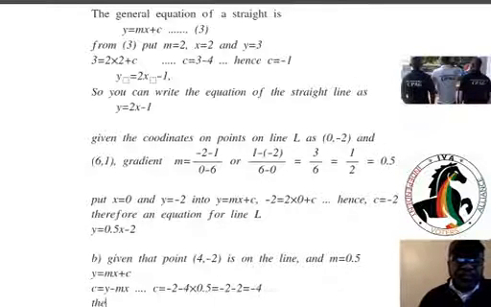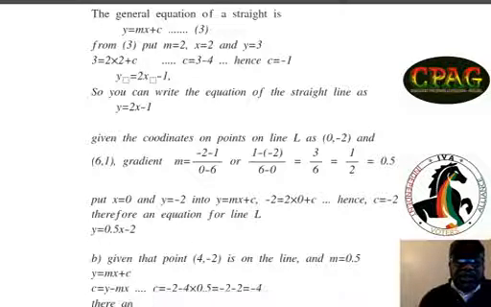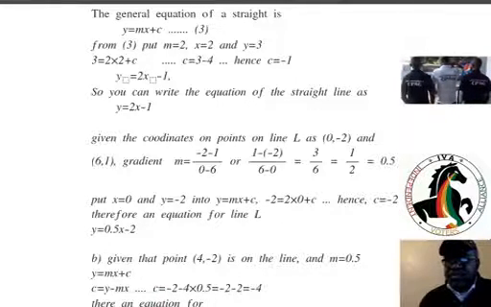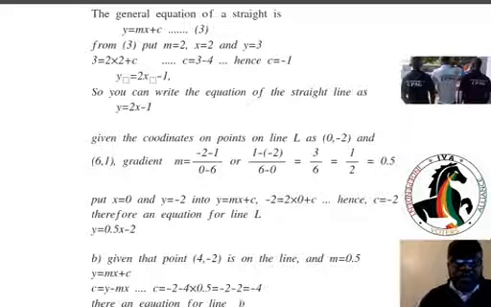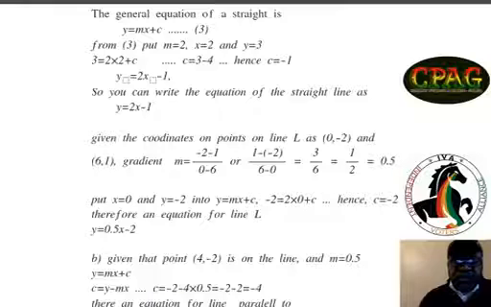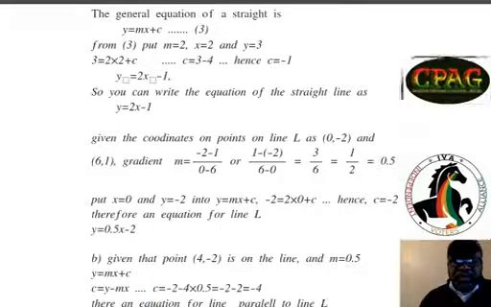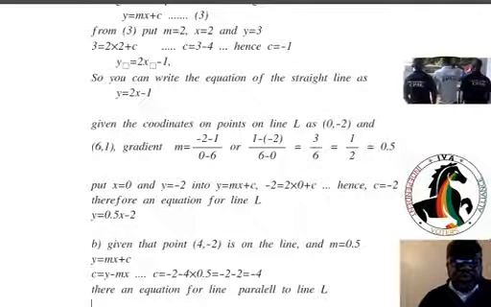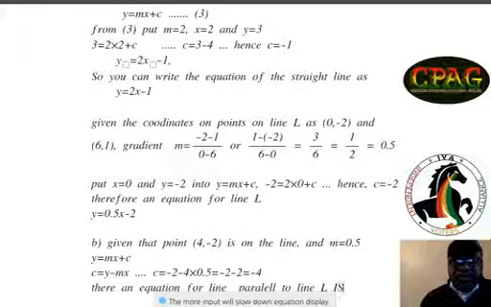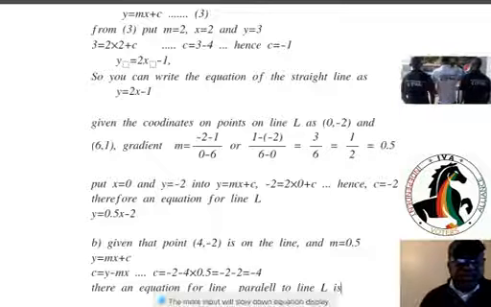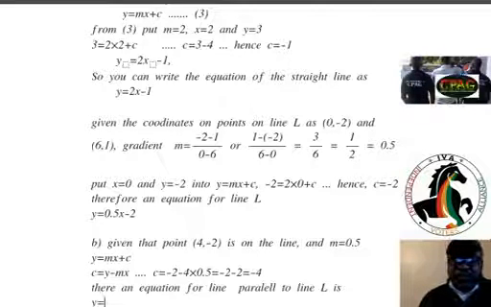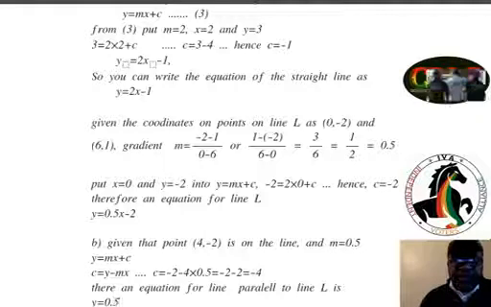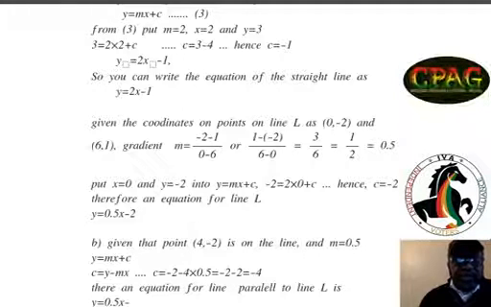Therefore, an equation for the line parallel to L is y is equal to, now we know m to be 0.5, 0.5x, then you know c to be minus 4.